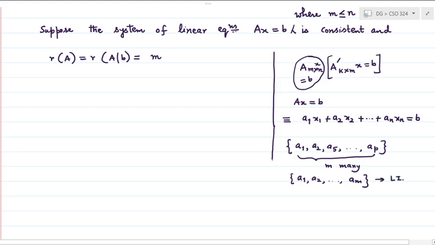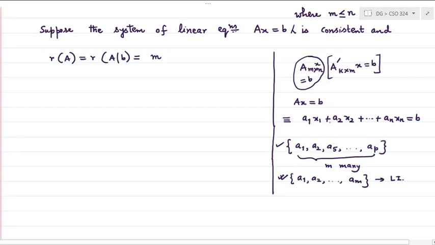If this is not, let's suppose this is not linearly independent but some other collection is linearly independent, then in that case what we will do is we'll just rename the column vectors: a1 as a1, a2 as a2, then a5 as a3, and so on till ap as am, and accordingly you will find that the first m many vectors are linearly independent, right?